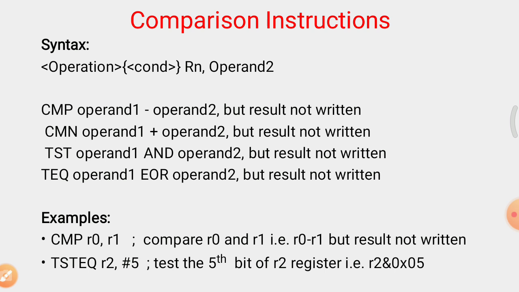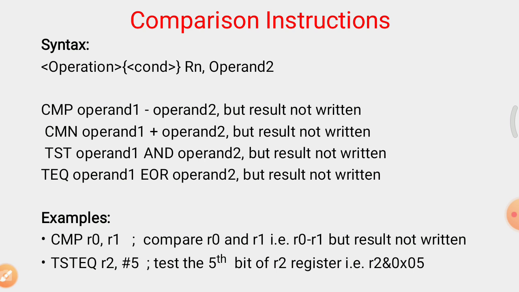The next instruction is TST, test. This is basically an AND operation, operand 1 and operand 2. The result is not stored, but the flags are updated. Similarly, TEQ. TEQ is test equivalence.